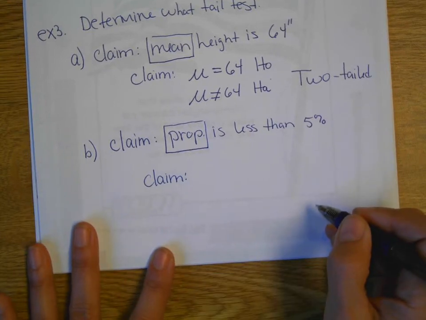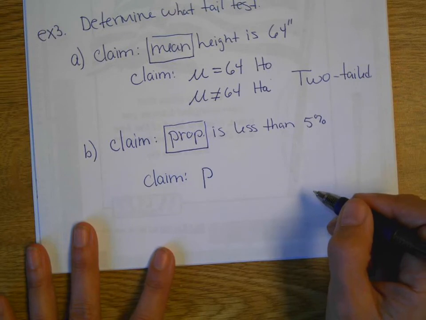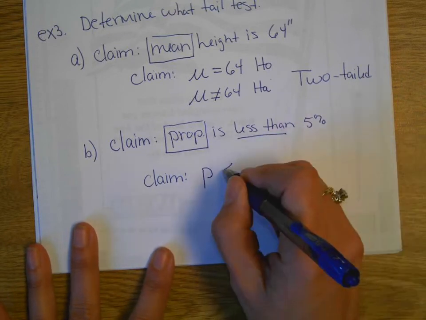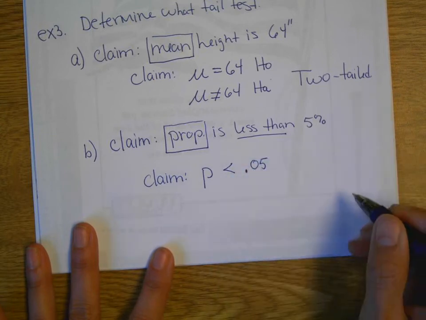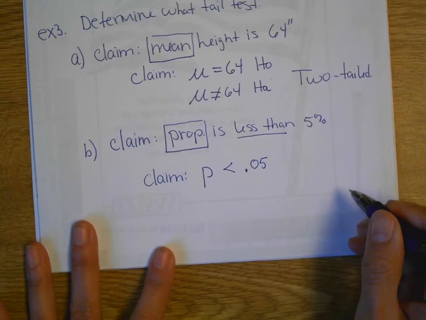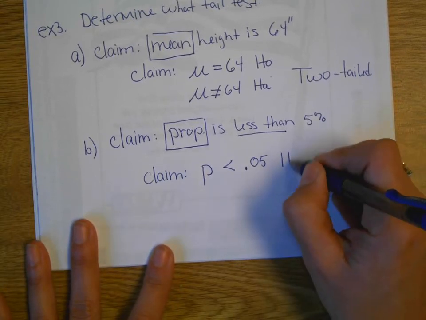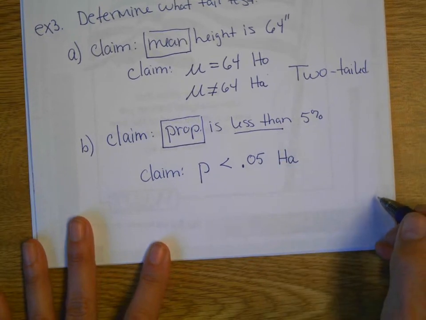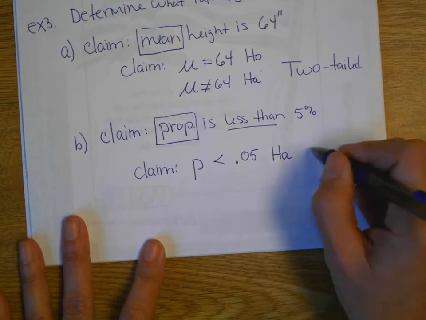Proportion symbol is P, just P for population, p hat for sample, less than 5%. Ha or Ho? This is the Ha. Do I know what tail test I'm doing? Yeah. Left tail.